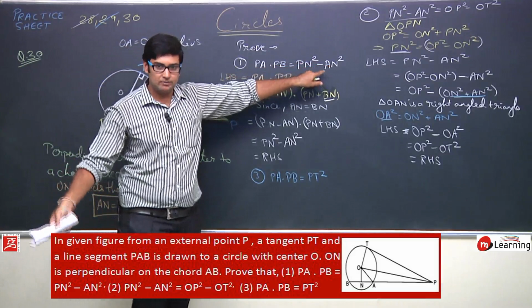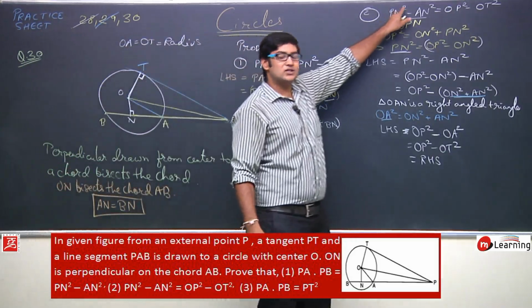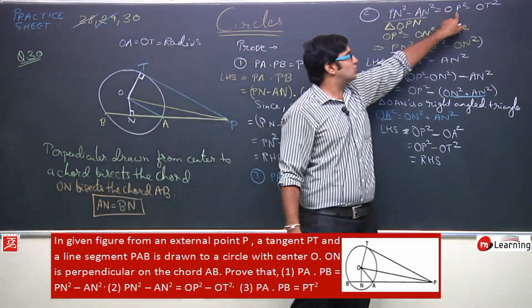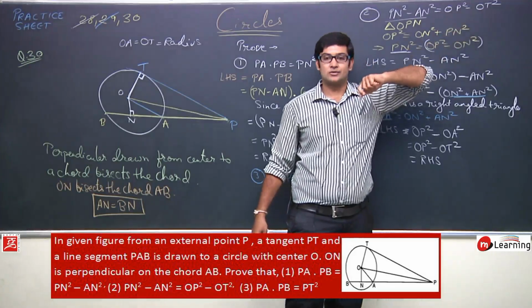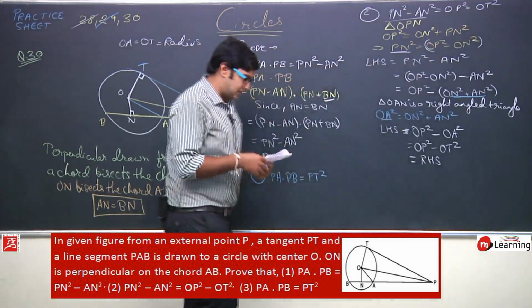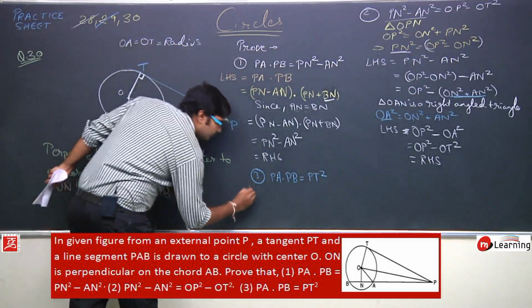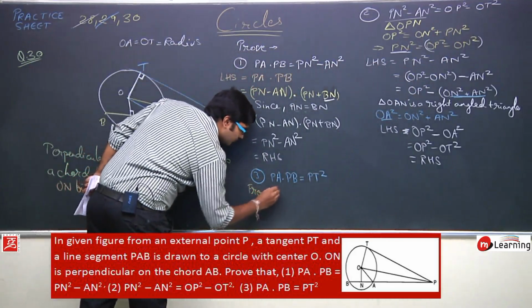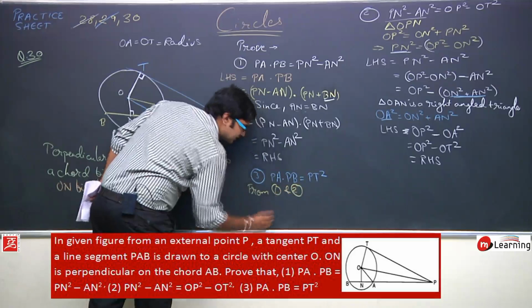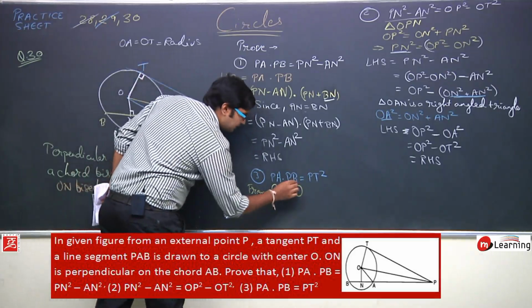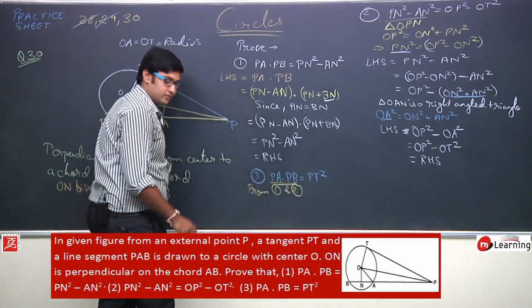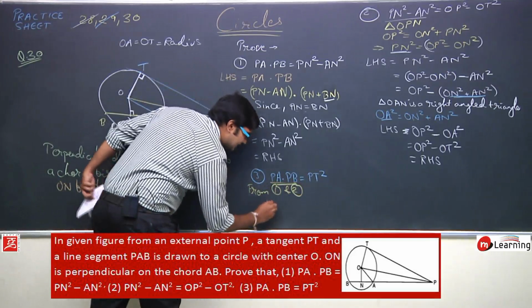This is what we have already proved. After this, PN square minus AN square is proved as OP square minus OT square. So can I say from first and second conditions, let us try to analyze the LHS.